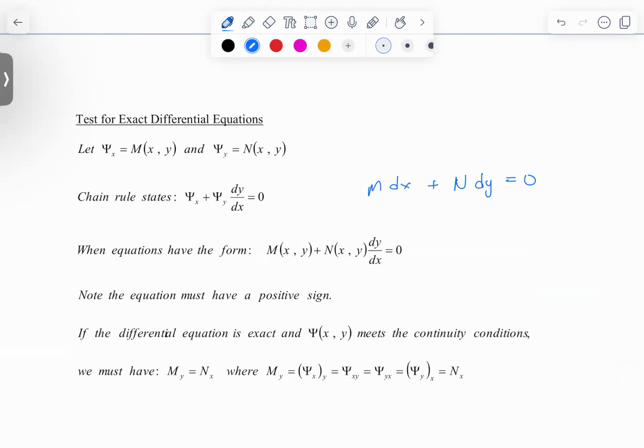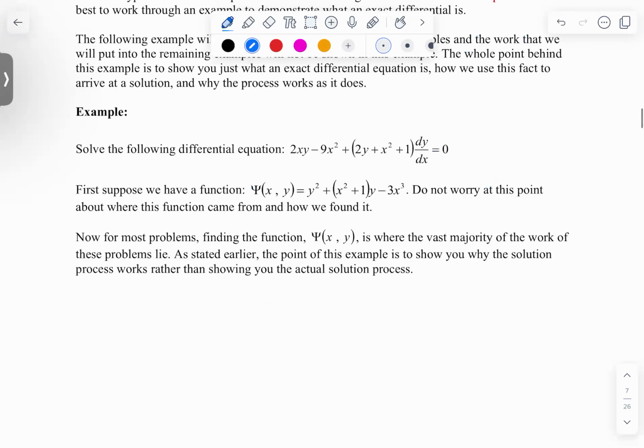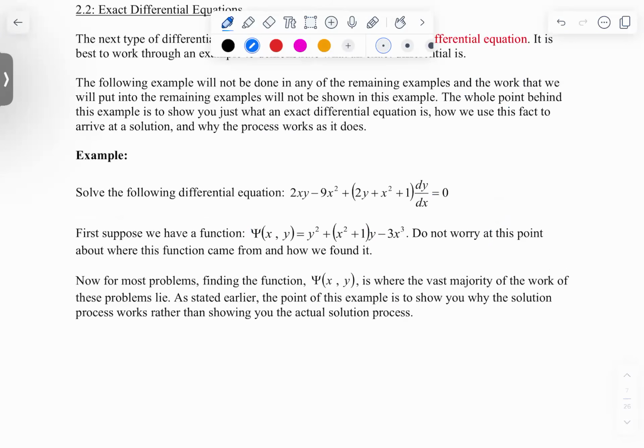But these are not going to be separable like we just saw in section 2.1, because these functions have both x's and y's in them, so I can't get the x out across addition and into the other derivative. So we have a similar equation to what we're used to seeing.